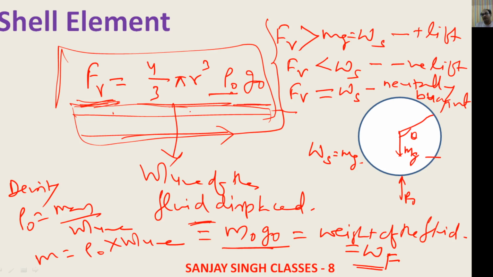It is proved mathematically, and all aircraft, ships, and vehicles moving in air independently without any mechanical support from the ground depend on this Archimedes principle, the very first lift generation.